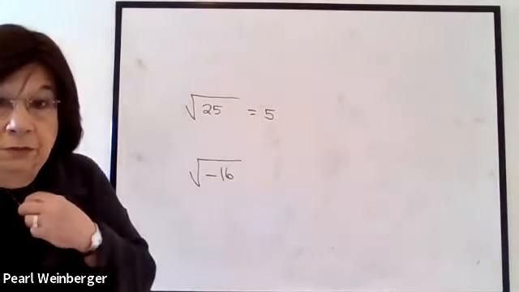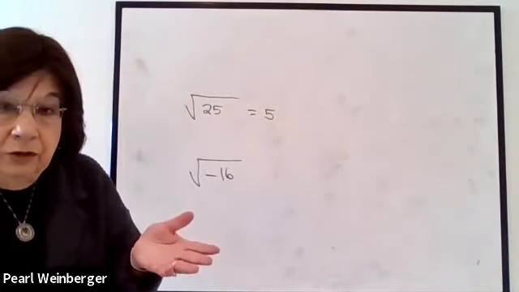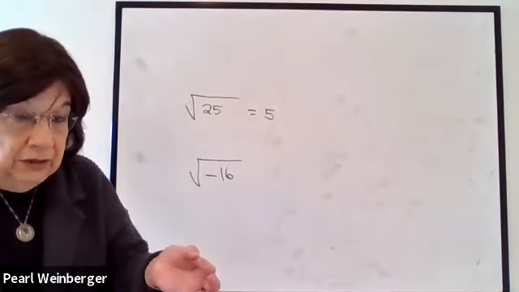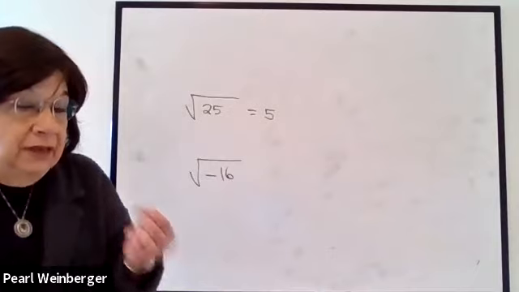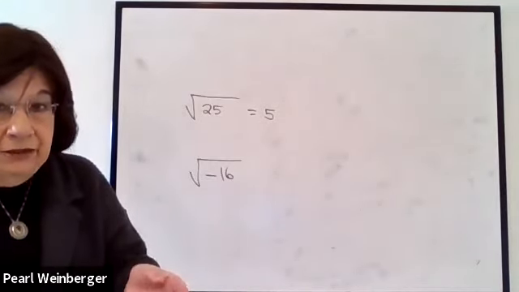Why not? Because it can't be positive 4, because positive 4 times positive 4 is positive 16. It can't be negative 4 because negative 4 times negative 4 is also positive 16.